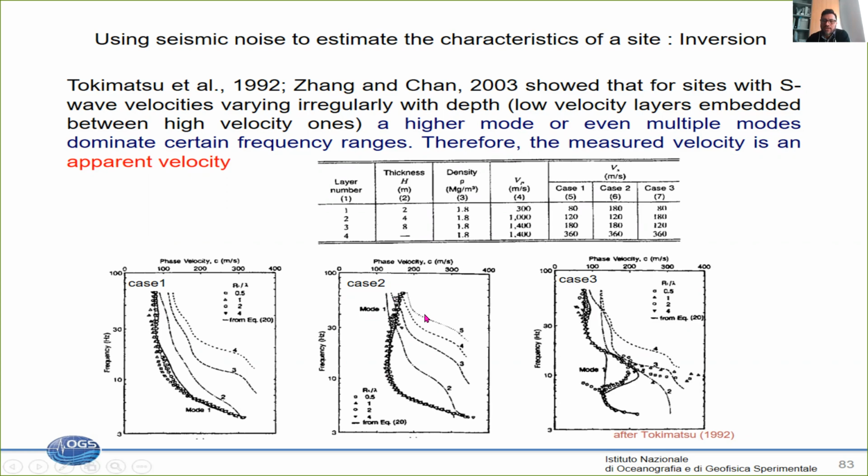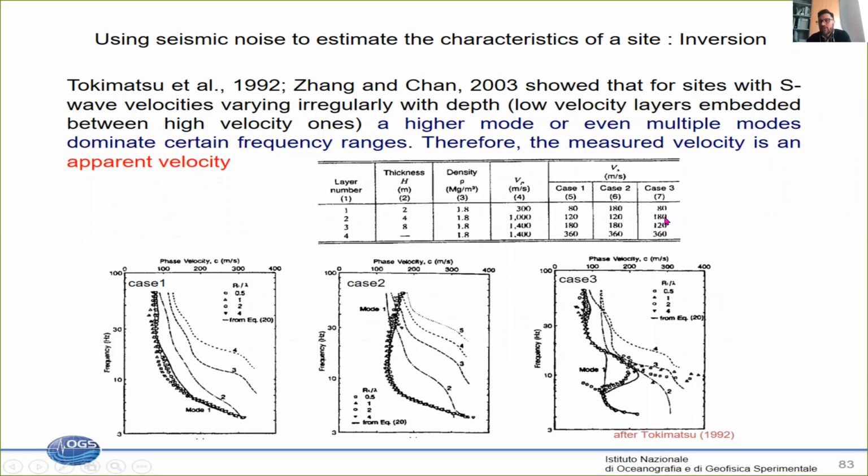With inversion like here, sometimes the dispersion curve that you are observing belongs neither only to the fundamental mode nor to the higher modes. It's as if you have different modes arriving very close together, with similar energy, and you cannot distinguish them. So the dispersion curve that you obtain is what is defined as a sort of apparent dispersion curve.